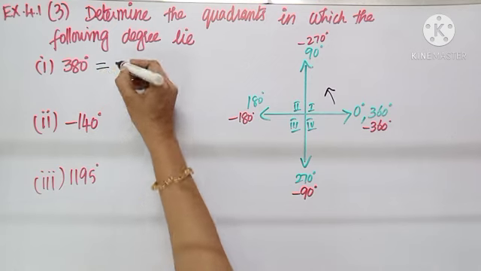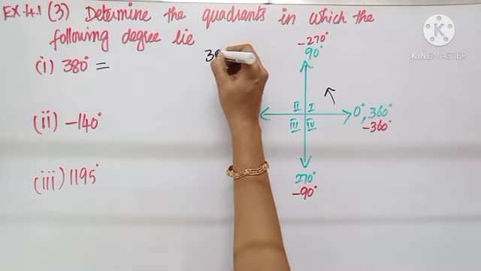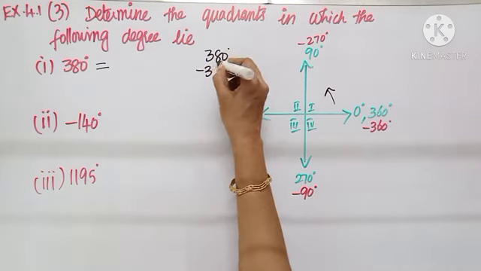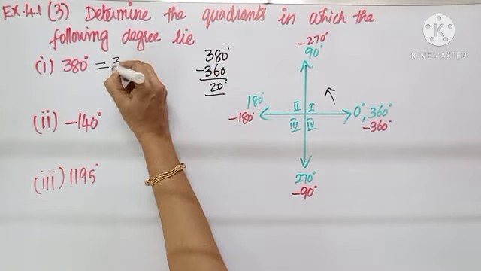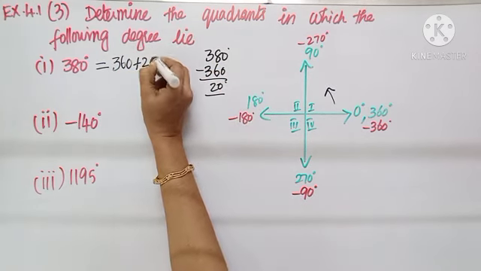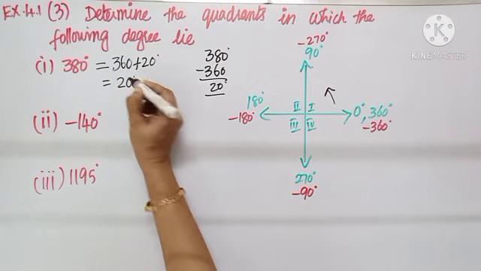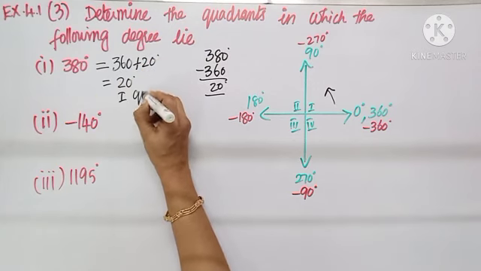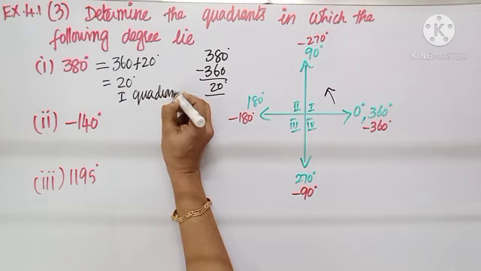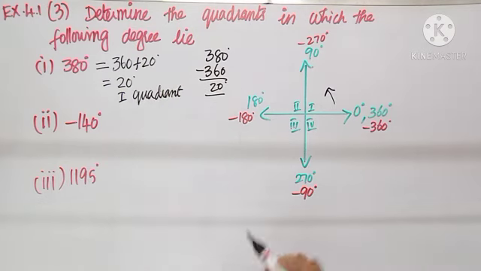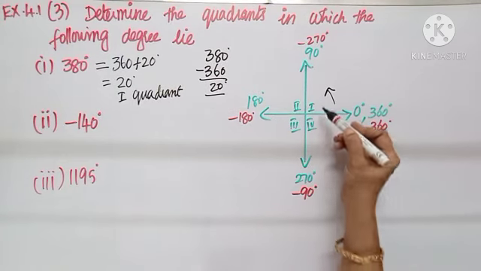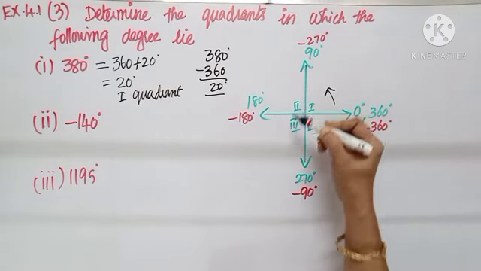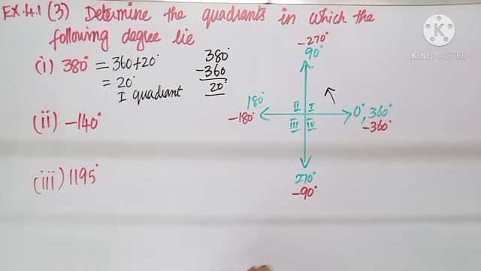When it is more than 360, subtract. 380 minus 360 tells me 20. So this I can write as 360 plus 20, that is only 20, which is in the first quadrant. Whenever it is more than 360, subtract and forget that angle. 360 tells me one full round, I am back to the position.